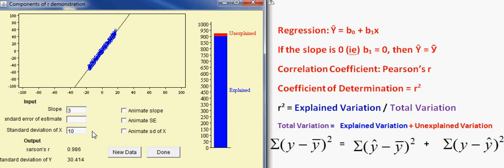So now if I make the standard error 0, that means that there is no variation of the data points around this line. All the points lie exactly on the straight line. So that means that I have a perfect linear relationship between x and y. The slope is still the same, 3, but you can see Pearson's R is 1 and R squared is actually 100%.